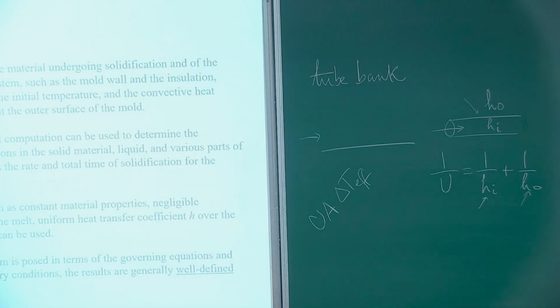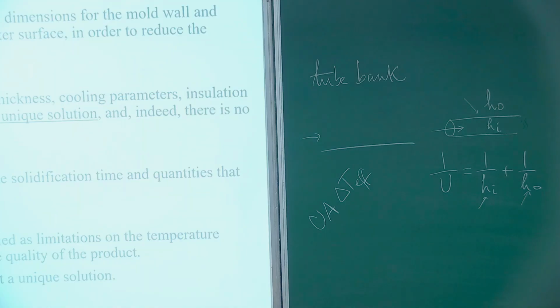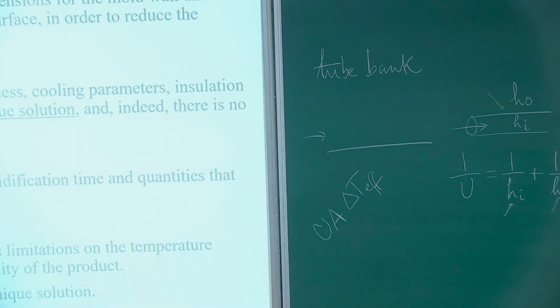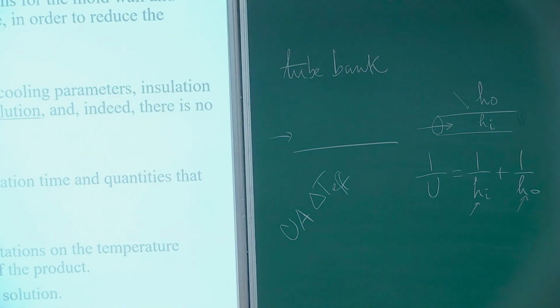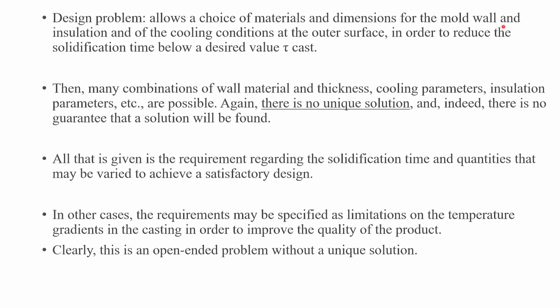Now, what is the design problem? The design problem allows the choice of materials and dimensions of the mold wall and insulations and cooling conditions in order to reduce the solidification time below a desired value.